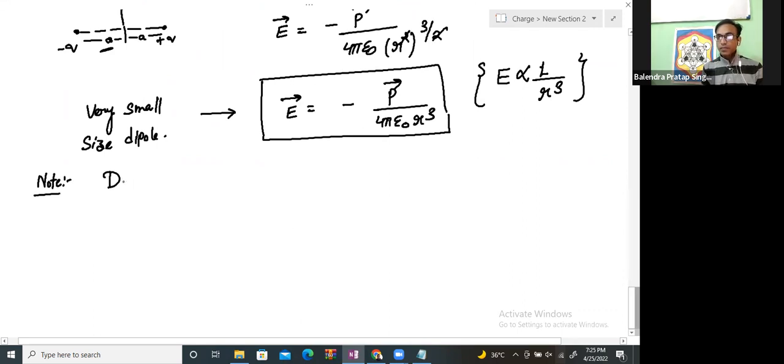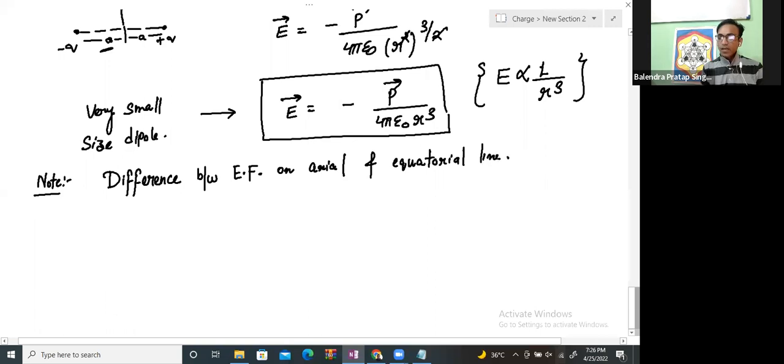Difference between electric field, EF means electric field, on axial and equatorial line.